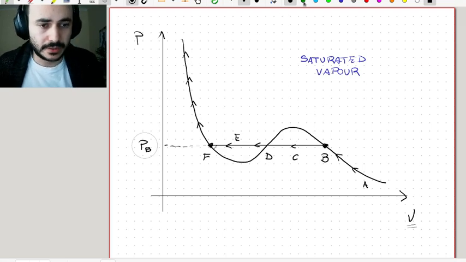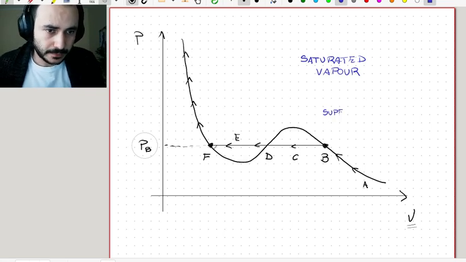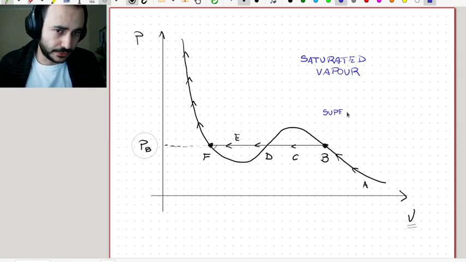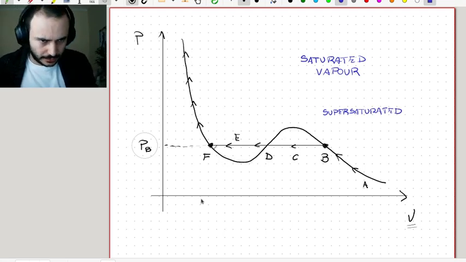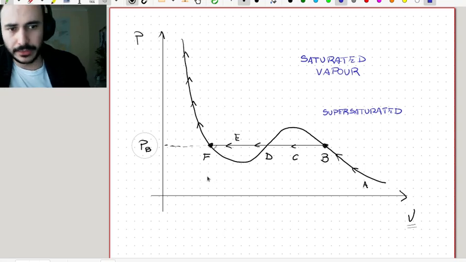So this part up here, this is again notation that I didn't say before. These states in this sort of hill here are called supersaturated, just because they have a pressure which is larger than the saturation pressure. Saturated. This is in the lecture notes. I didn't write explicitly the name of these states down here in the lecture notes, but I just tell you now, it's not important, okay?